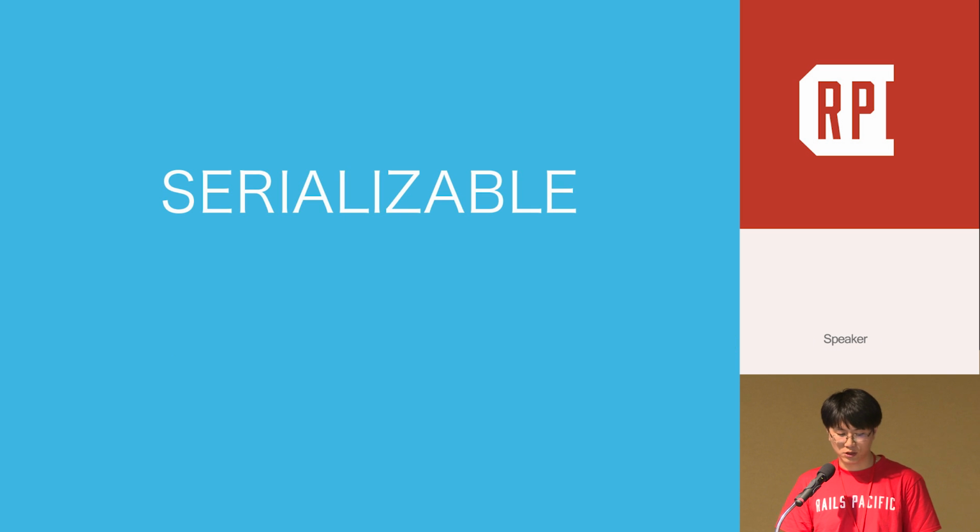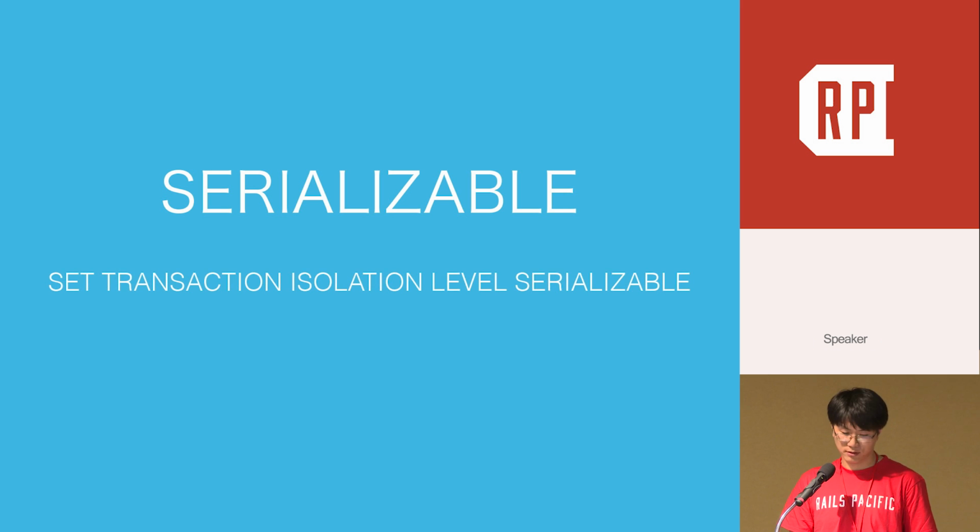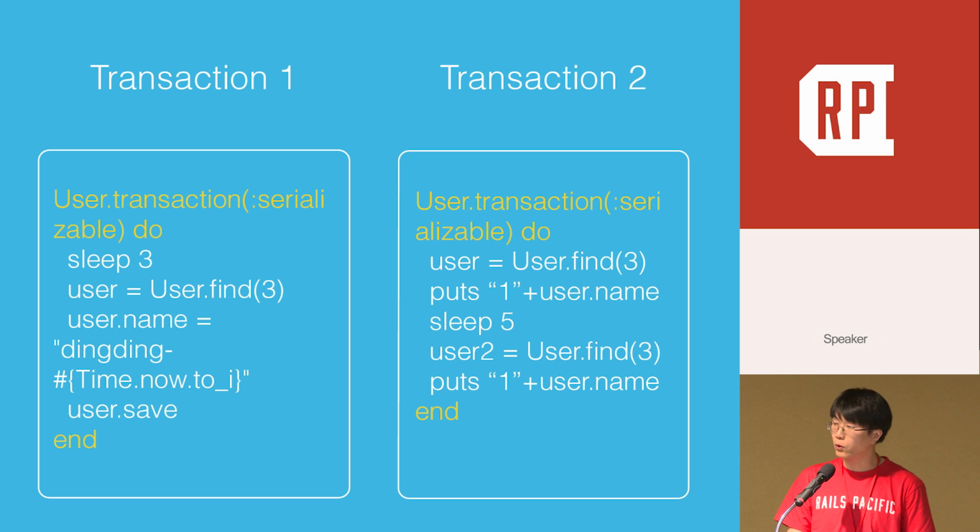The third is the serializable isolation level. Serializable is similar to repeatable read, but, just as the name says, the transactions will run one by one. So let's go back to the example again. As it runs serialized, the other transaction will only start when the previous transaction is completed.